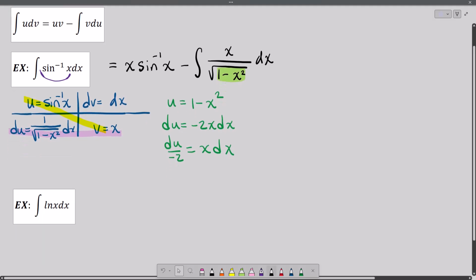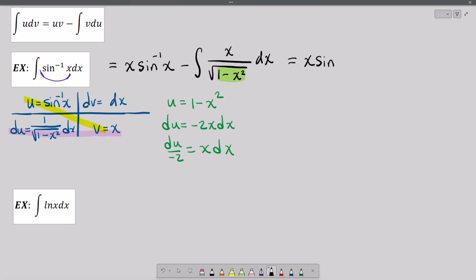So this is all going to become, we have our x inverse sine of x out in front, minus the integral. This is inside the square root, so that's going to be a square root of u in the denominator. And then that x dx right there is going to be equal to du divided by negative 2. So x dx, right there, du over negative 2.